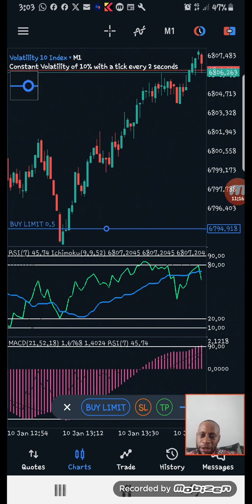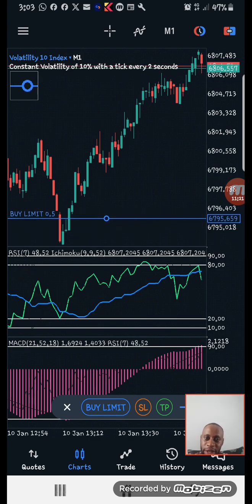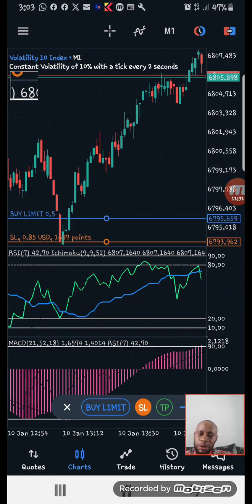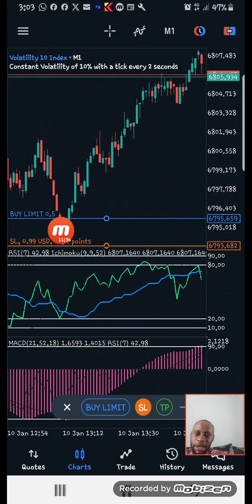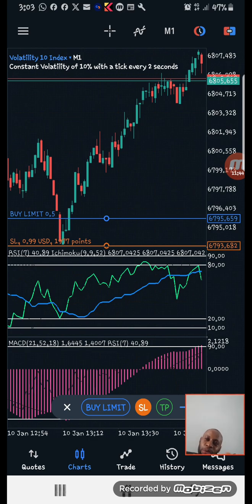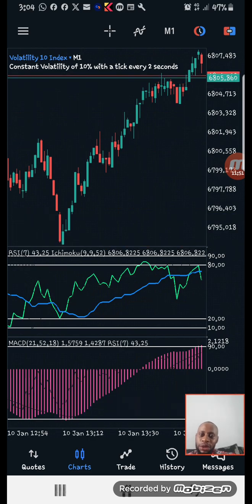Anywhere around here should have been your entry, and your stop loss should be below the first bullish candle before your entry candle. That's where your stop loss should be.